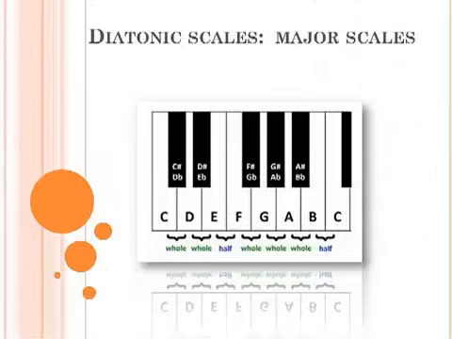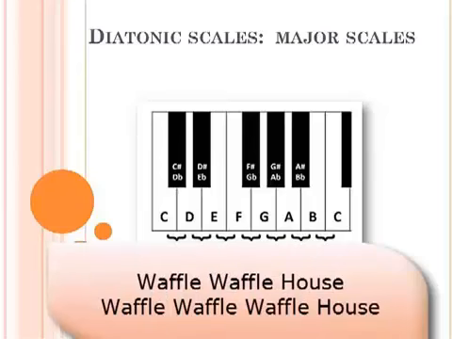Major scales are one of the types of diatonic scales. What makes a major scale is the order of tones and semitones, or steps and half steps. All major scales have this order: whole step, half step, whole step, whole step, whole step, half step. I love waffles, so to me it really helps me remember the order of tones and semitones if I say waffle, waffle house, waffle, waffle, waffle house.